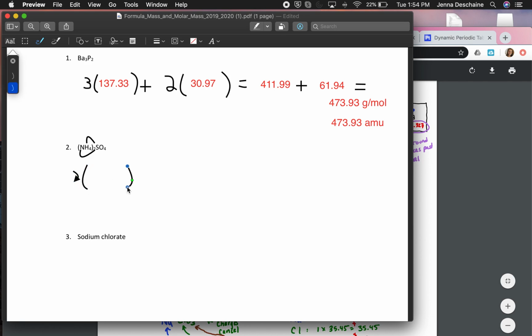Then I'm going to add it to 8 hydrogen. This 2 right here is going to multiply that by 4, and that's 8.